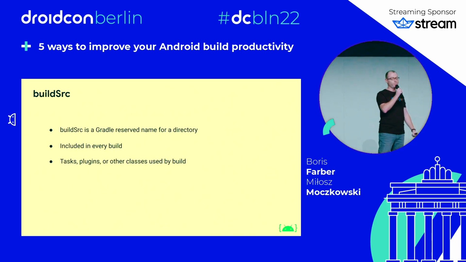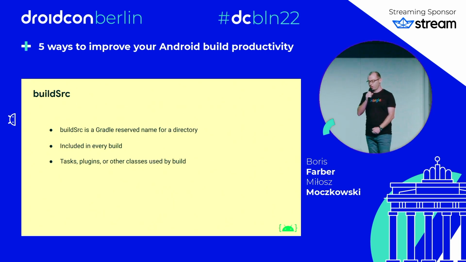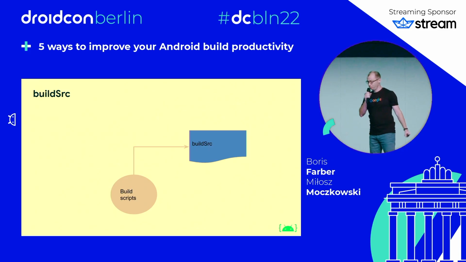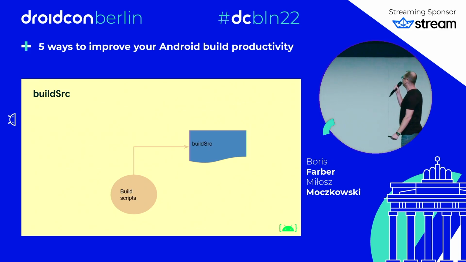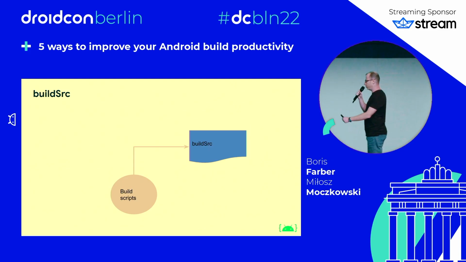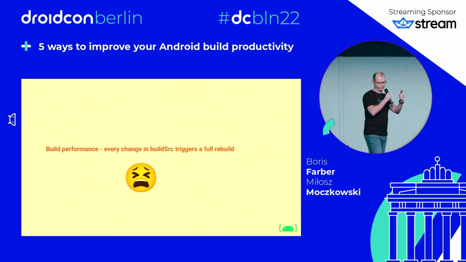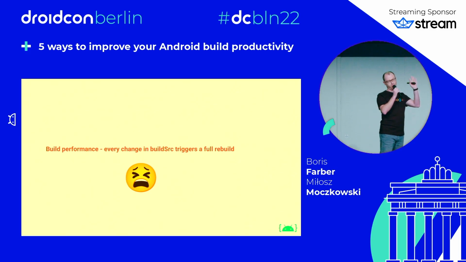It's included implicitly in every build. And it's a nice place to put tasks, plugins, or other classes used by our build. This is how it looks. Relatively easy. We've got the build scripts from all our modules referencing the stuff inside the buildSrc folder. How many of you are familiar with that?